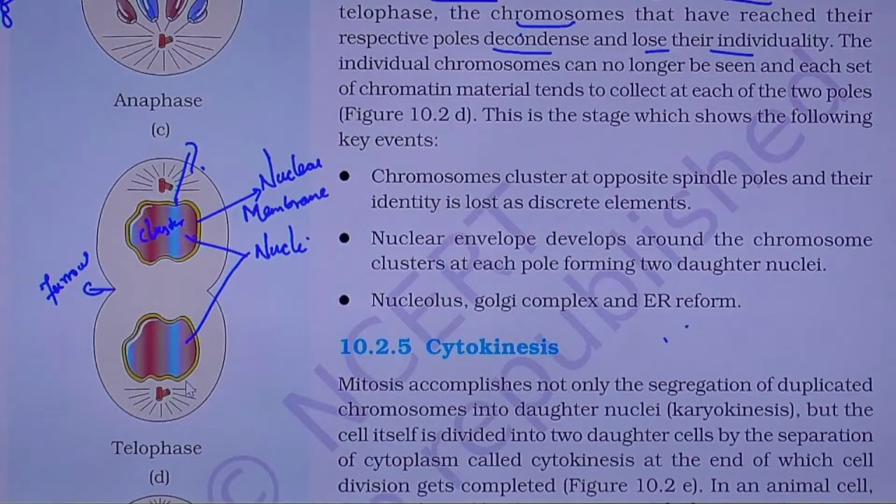This is one daughter nucleus and this is also a daughter nucleus. And here the nucleolus, Golgi complex and endoplasmic reticulum will be reformed. In prophase they disappeared and in telophase they are reformed. So these are the four phases of M phase: prophase, metaphase, anaphase and telophase.